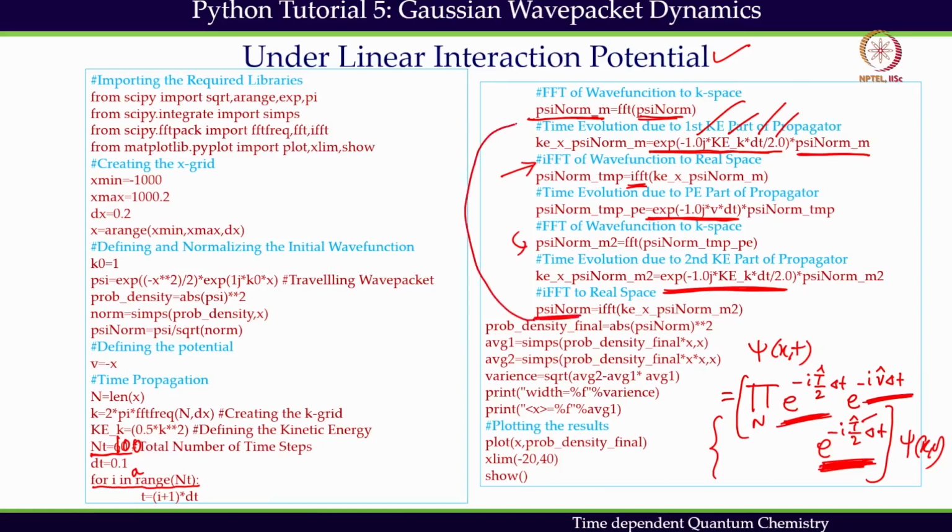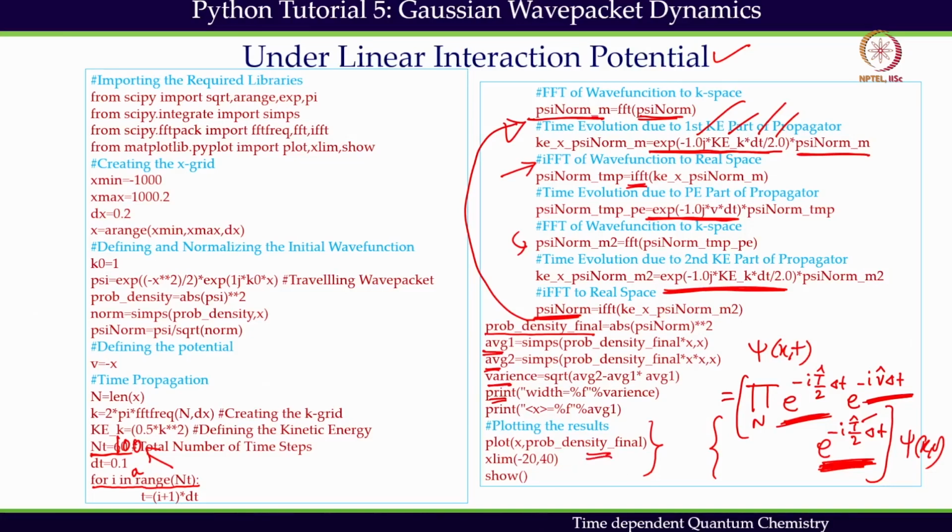This psi norm will be updated during this iteration. So this iteration will continue until the 100 minus 1 value, and it will be updated. Finally, I get the probability density, then we'll calculate the average values and the variance, which is the full width, the half width at almost 60% of the maximum, and then we are going to print it. And also we can plot the final probability to check what the final probability looks like.